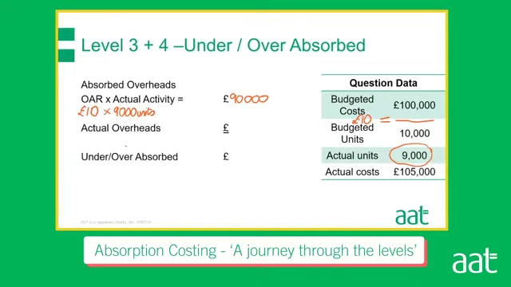By my calculations to work out my overhead absorption rate based on my budgets, given what I've managed to do in the period, I've allowed myself to spend £90,000 on indirect production costs. What did I actually spend in the period on these then? Well, according to the information there and the data, 105,000. So I've allowed myself to spend 90,000 and then promptly gone and overspent my budget or my allowance. I have effectively under absorbed by £15,000.